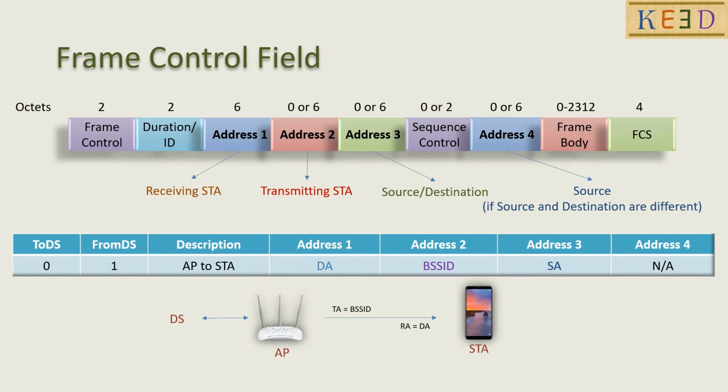Receiver address equals destination address. So, address 1 is the destination address or receiver address. Address 2 is the transmitter address, that is BSS ID. Address 3 is the source address since the destination address is already present. Address 4 is not present.